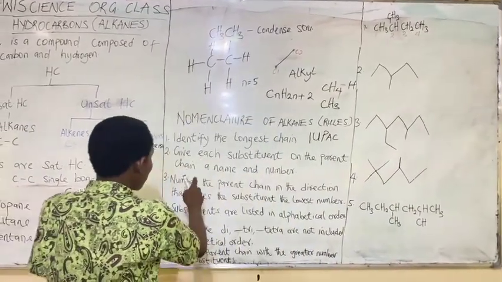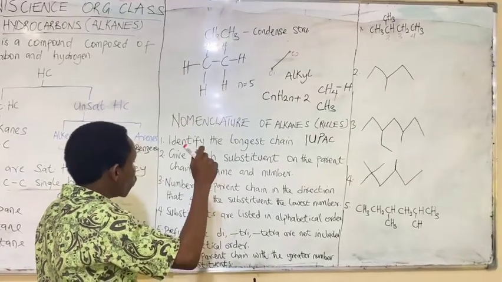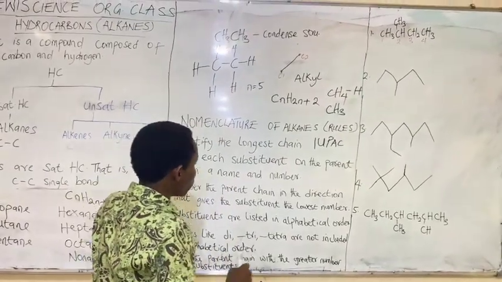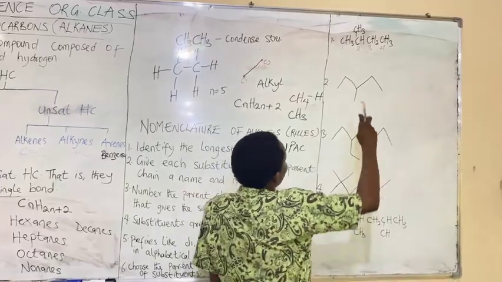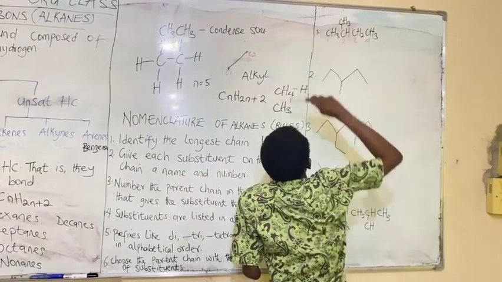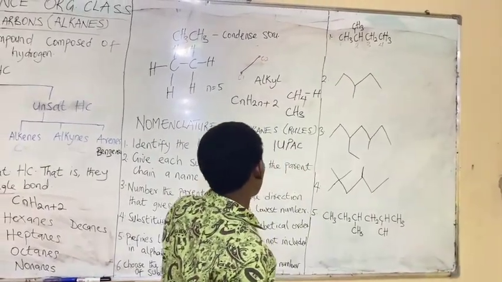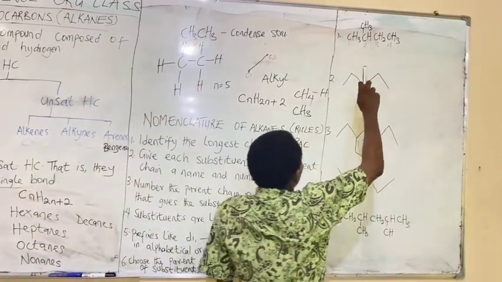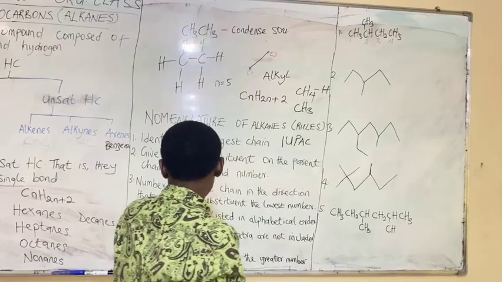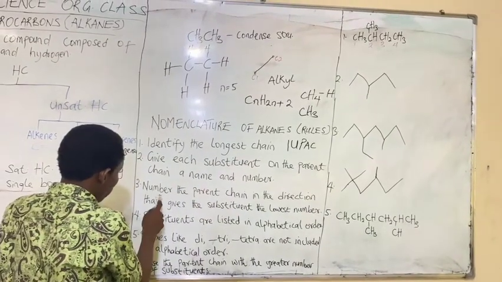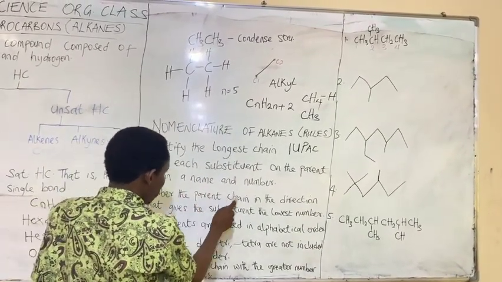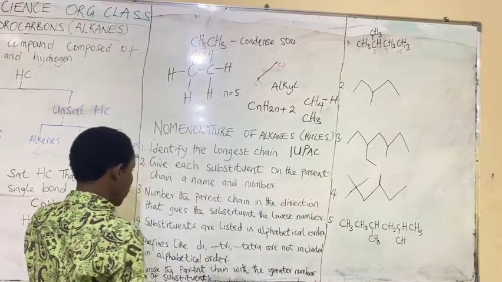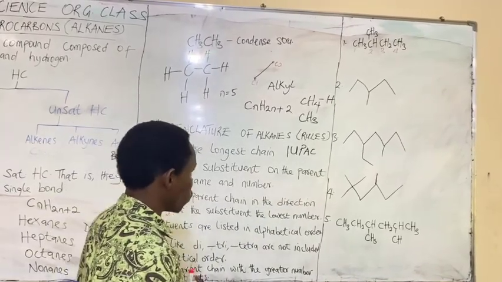Alright. Give each substituent on the parent chain a name and a number. This is the substituent now, the methyl, an example of an alkyl. This is the methyl. Let's go to rule 3: number the parent chain in the direction that gives the substituent the lowest number.